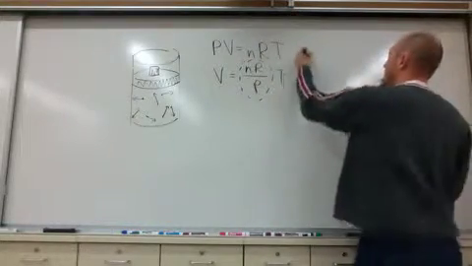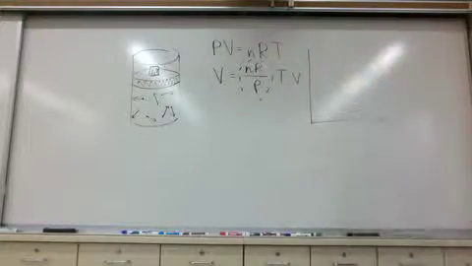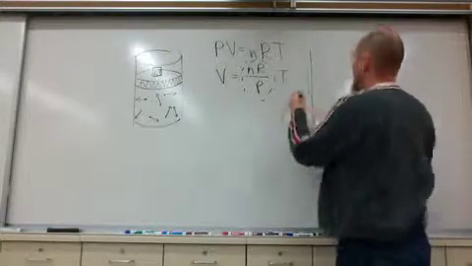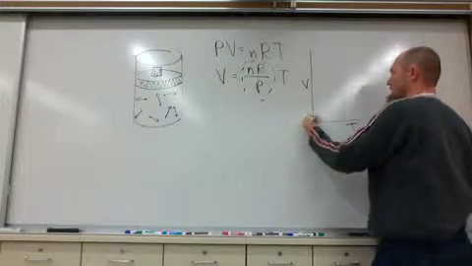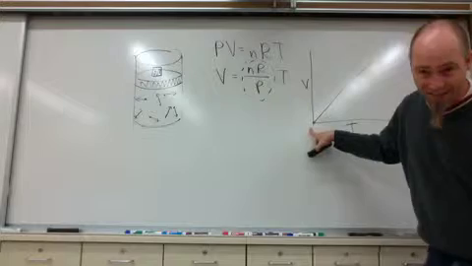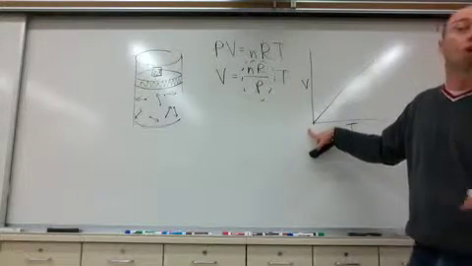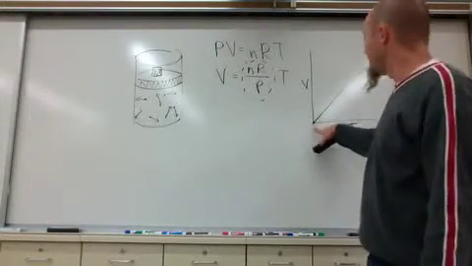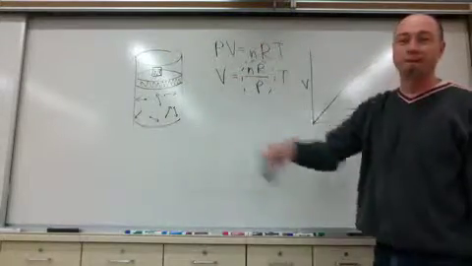So if I was to graph this, V, volume versus temperature, again I would have a straight line, just like my last one. At 0 Kelvin, sorry, my bad, I am a physicist, I'm not a chemist, but at 0 Kelvin, that means my volume would shrink down to 0 as well.